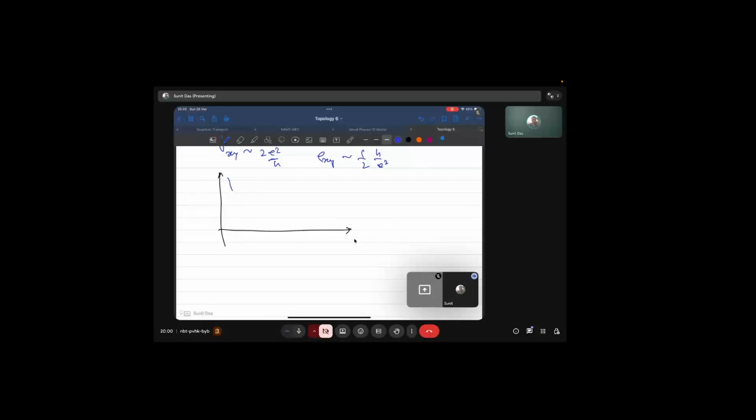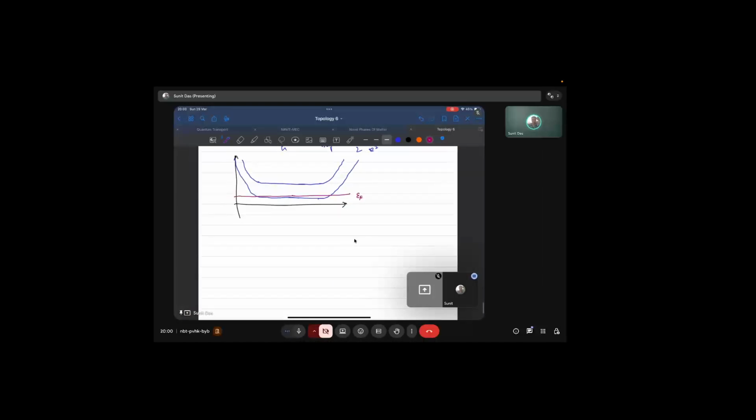So you have two Landau levels. Let's say I'll only talk about two, but this is essentially general for any number of Landau levels. Okay, so let's say we have the Fermi energy here, just crossing the n equal to 0 Landau level. Now, as you increase the magnetic field, what will happen?